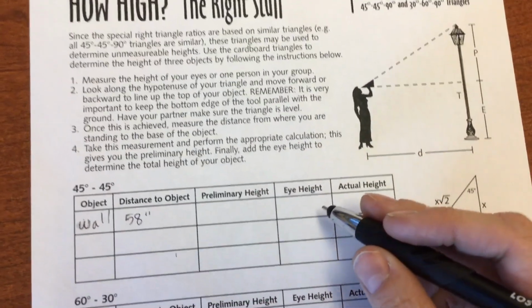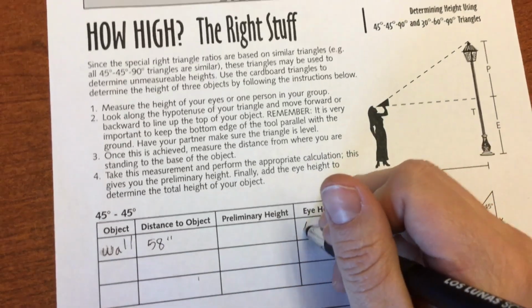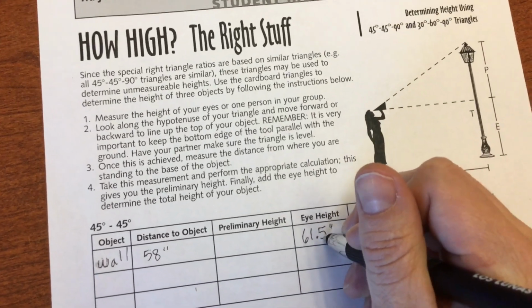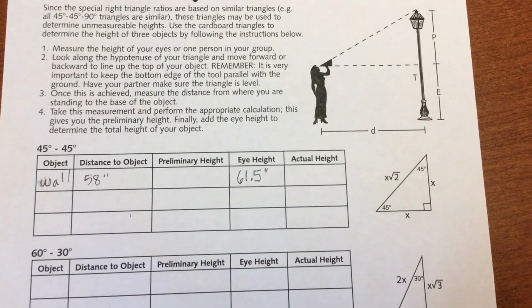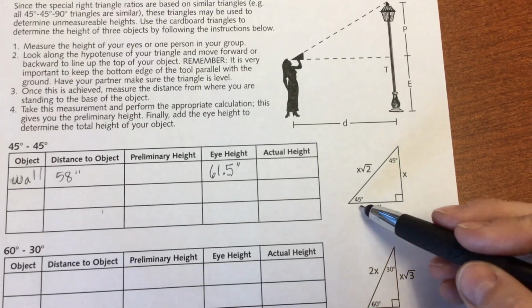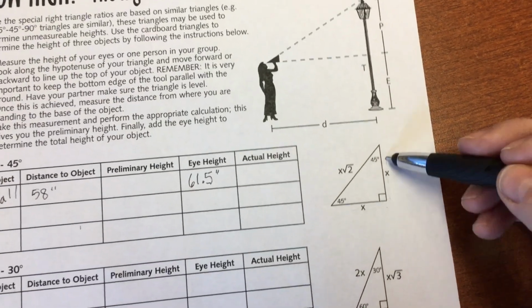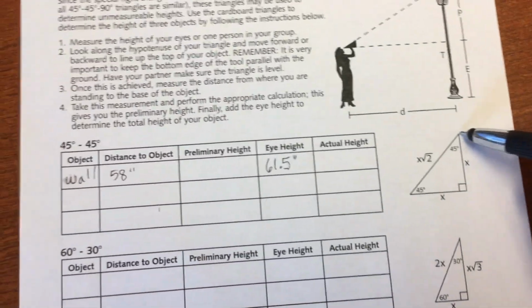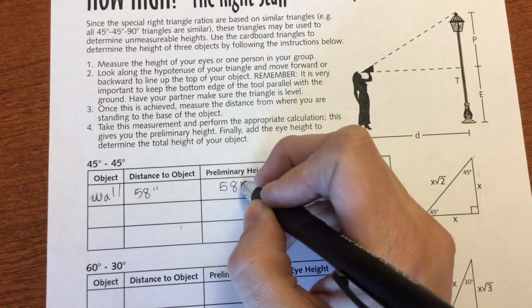And my eye height was 61.5 inches. Because it's a 45 triangle, the distance from the wall and the height of the wall up into my eyes will be the same. So my preliminary height will also be 58 inches.